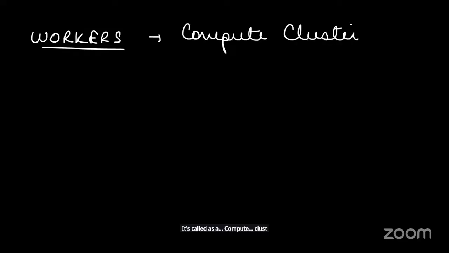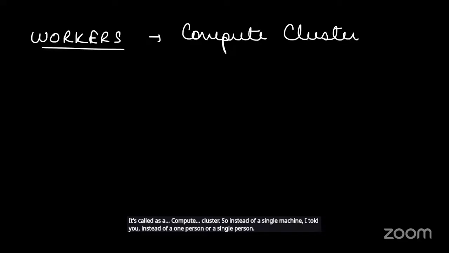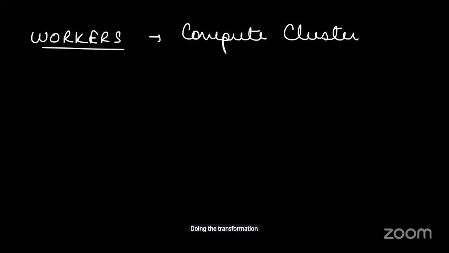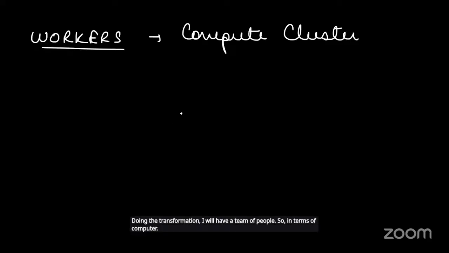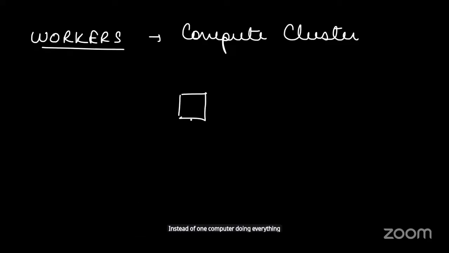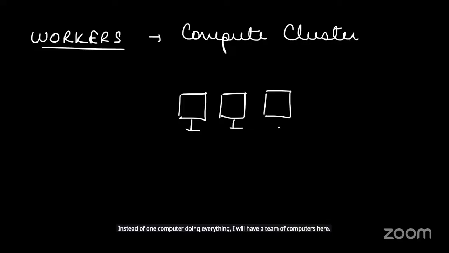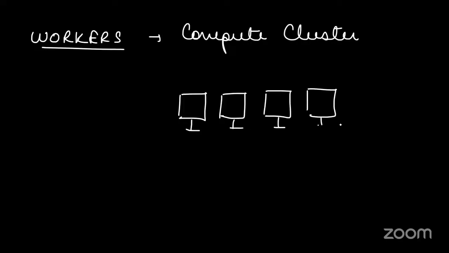Within Spark, what you create is called a compute cluster. So instead of a single machine, instead of one person doing the transformation, I will have a team of people. So in terms of computers, instead of one computer doing everything, I will have a team of computers here. Like this.